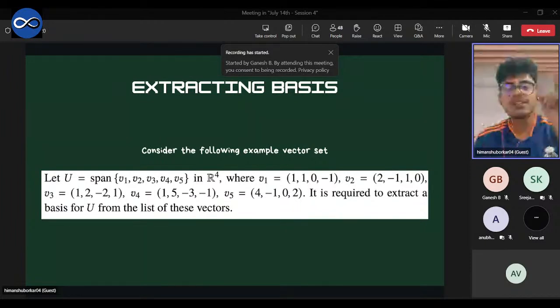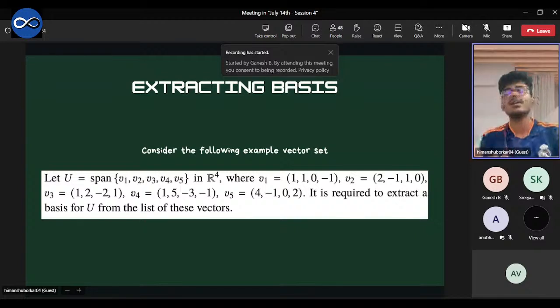What we need to do is extract this basis from this given set of vectors. You could try it out, but we're running out of time, so I'll just explain the general idea of how you could do it.